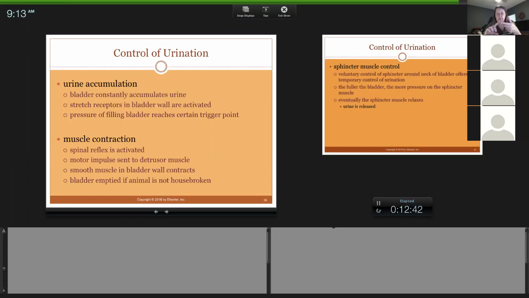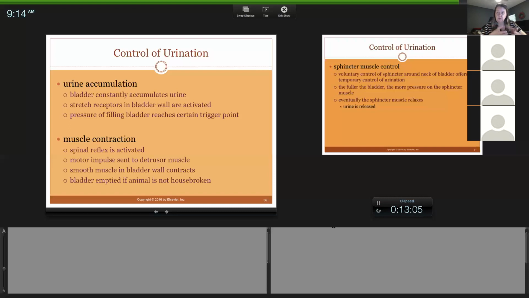So dogs with back fractures, dogs with disc disease, sometimes dogs with a nerve injury. A lot of times these back dogs or these dachshunds will get these really full bladders, but they cannot urinate on their own. They can't control the sphincter, or the detrusor muscle isn't sending the signal.